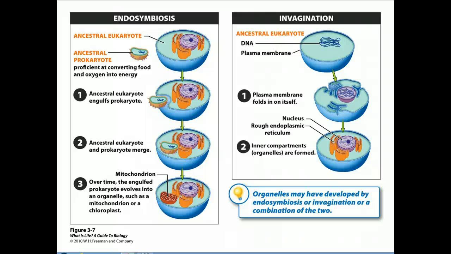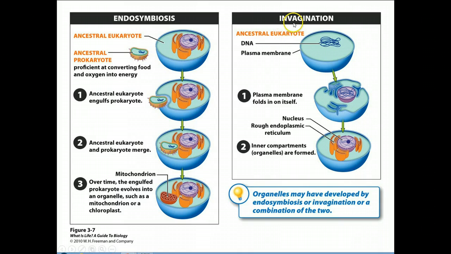So endosymbiosis, we have, of course, this ancestral prokaryote, and going through this process, and this is that ability to invaginate and to merge these sorts of things with this endocytosis process.